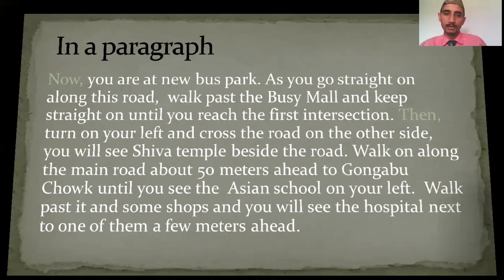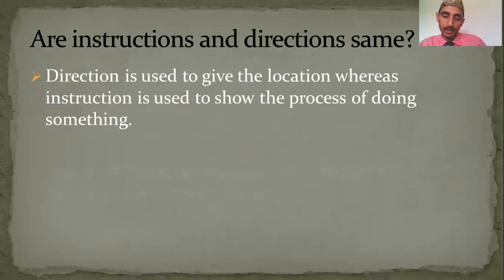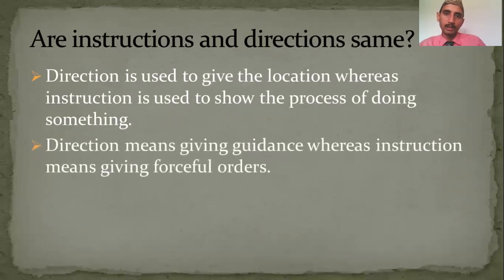Okay, now let's see the next question here. Are the instructions and directions same? Well, direction usually involves showing the location, whereas instruction is meant for talking about process, or let's say procedure, steps, okay.